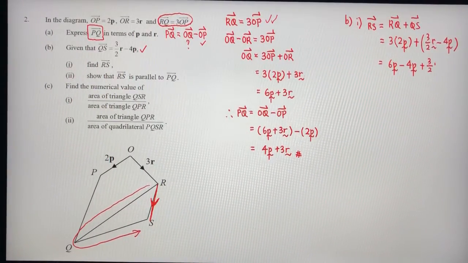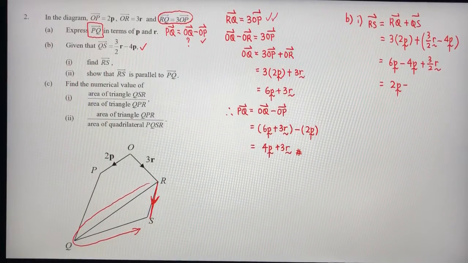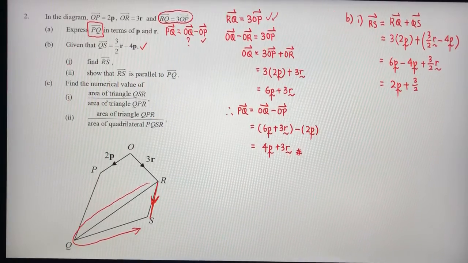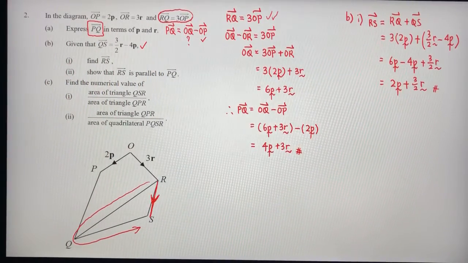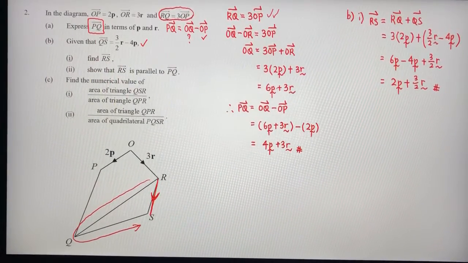Negative 4P, bring to the front, then followed by 3 over 2 R. Then we perform a simplification. Then the vector RS equals 2P plus 3 over 2 R. And that ends part 1 of part B.